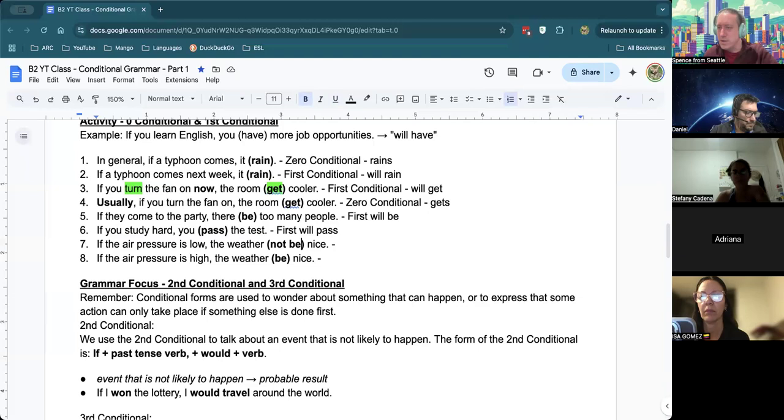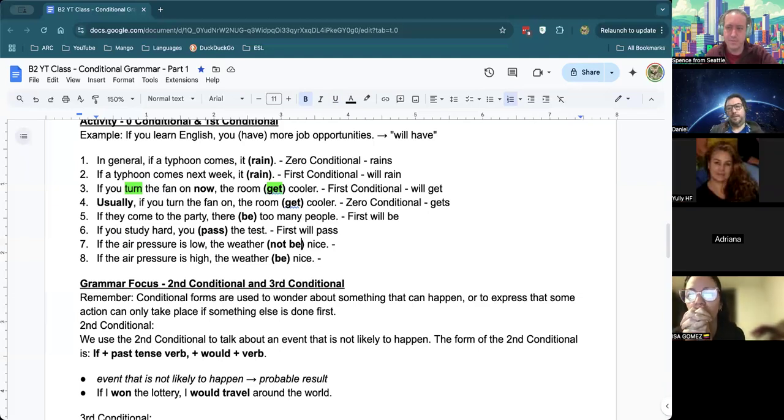And then Yuli, if you want to do number 7 and 8. If the air pressure is low, the weather isn't nice. And if the air pressure is high, the weather is nice.